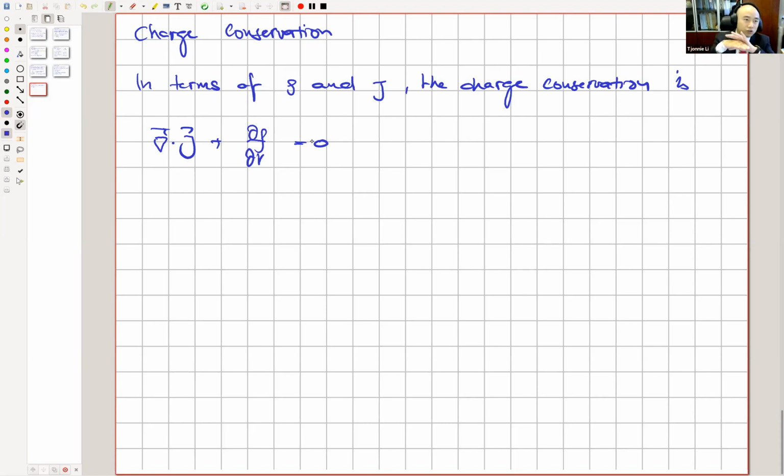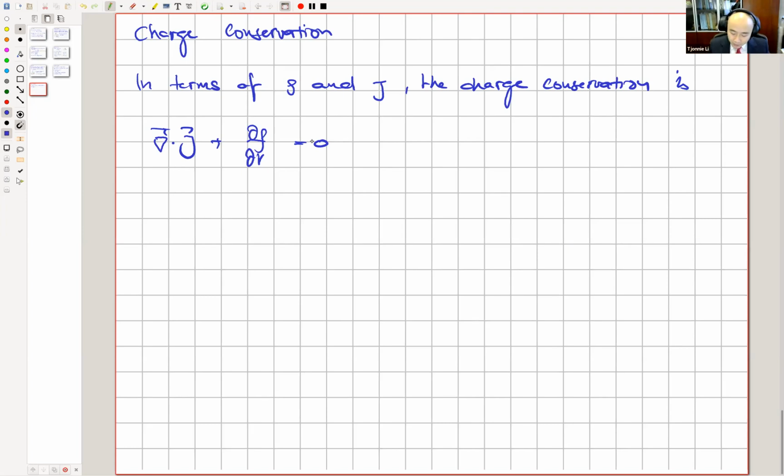If it's a constant stream, then the same amount goes into the surface as goes out of it. That must obviously be the same as the amount of charge that changes inside this closed surface. Here we've written it in differential form, and hopefully by now we have enough mathematical tools to interpret this differential form in this geometrical way.